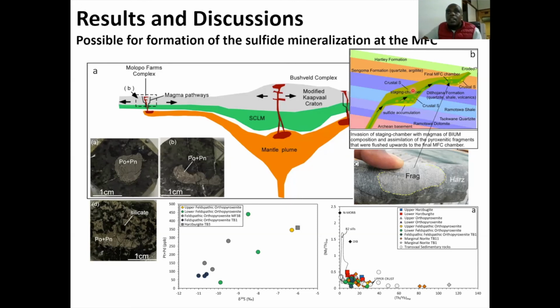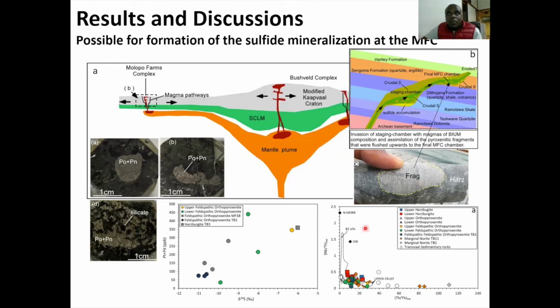Then when the contents of this staging chamber were crystallized, we then have magmas which are more magnesian than the B1 composition, flushing some of the feldspathic orthopyroxenite, which is represented by the occurrence of fragments of feldspathic orthopyroxenite within the harzburgites.